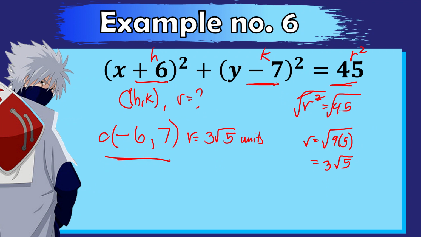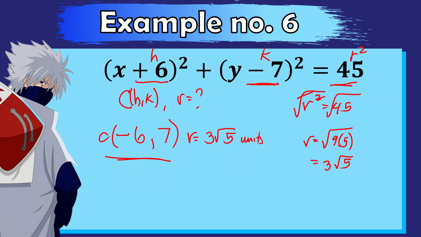O, again po, grade 10. Since alam nyo naman na hindi po pwede kay Schoology na magkaroon tayo ng mga ganitong answers na merong mga square root kasi mahihirapan po kayong mag-type. So, pwede natin gawin na siya as katulad dati, a decimal rounded off to the nearest hundreds, 2 decimal places po.